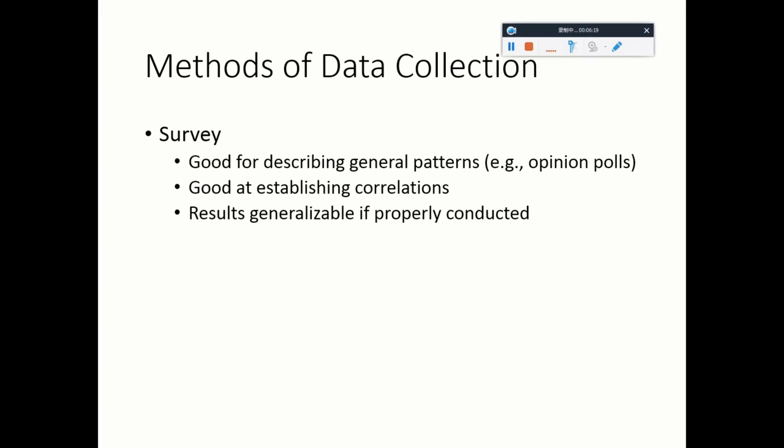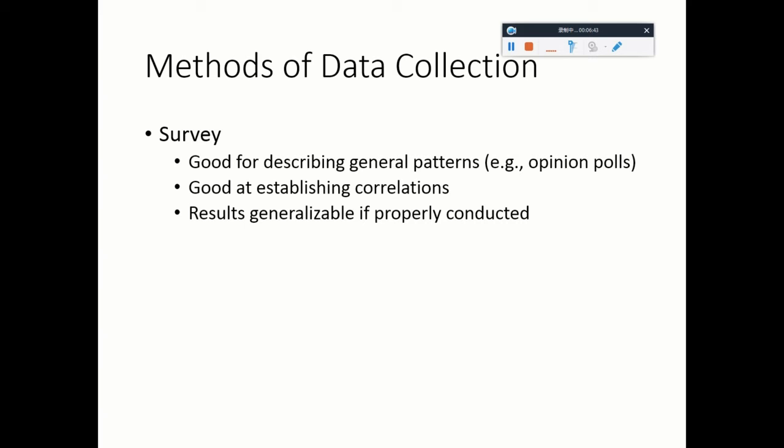All right, so methods of data collection. As we said, because our focus of this class is on quantitative research, there are two major types of data collection methods we will be looking at, and these two major types of data collection methods are surveys.